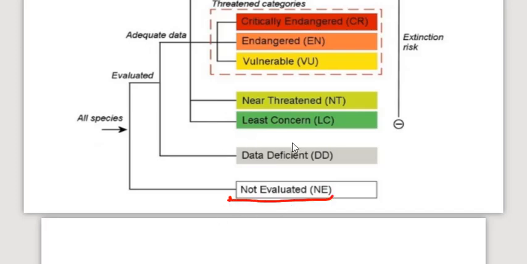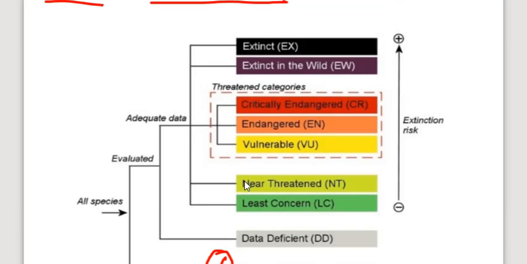It simply means the first category here is not evaluated, that is, the species has not been evaluated. Second is data deficient. Data deficient means we have inadequate information to make a direct or indirect assessment of the risk. So this comes in data deficient.